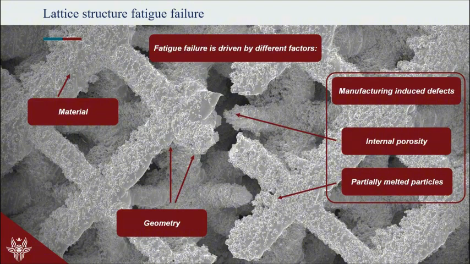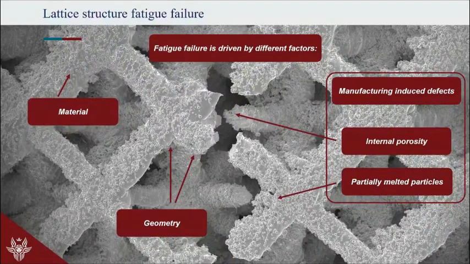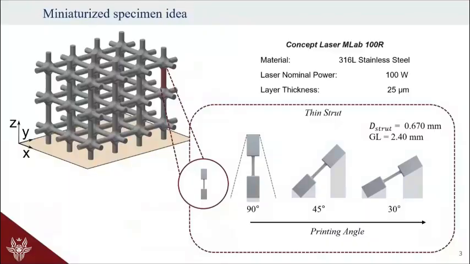So, for instance, here we have failure, and this may be caused due to a very specific and local geometry that we have. This is true for both internal porosity, but also for surface defectosity, such as partially melted particles, for instance.